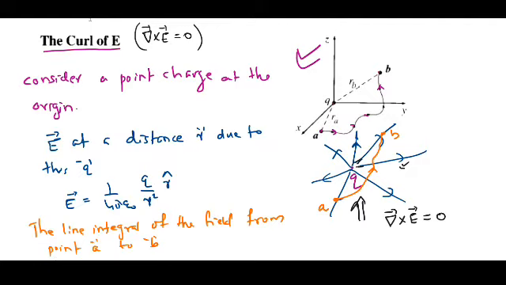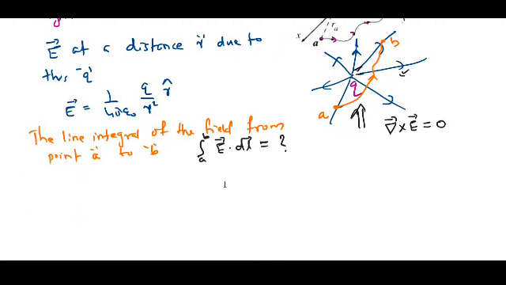That is denoted by the integral from A to B of E dot dl. This we need to calculate. What will be the answer of this one? We know the expression for the electric field, so this E can be substituted by this expression.